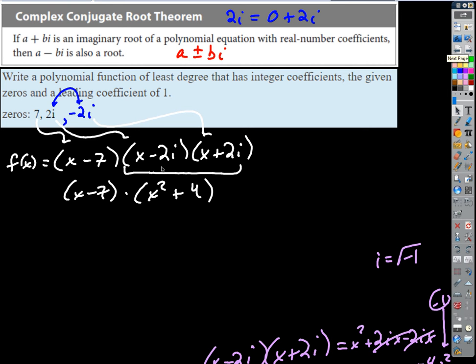But we had to account for something we talked about a while ago: complex zeros with i's in them always come in complex conjugate pairs. They come in twos, right? And so 2i, if I write it as a complex number in standard form with a real part plus an imaginary part, would be 0 plus 2i. Now we don't need the 0.